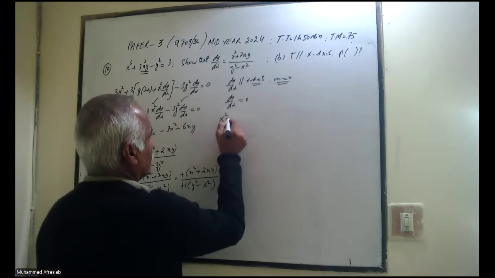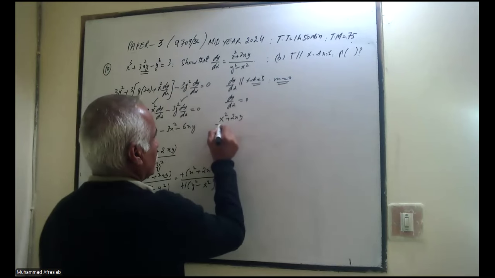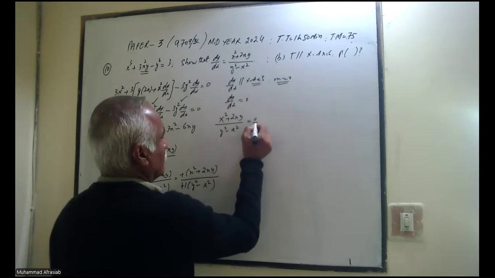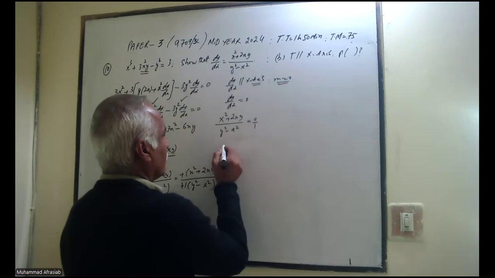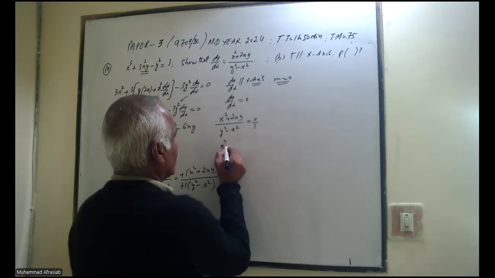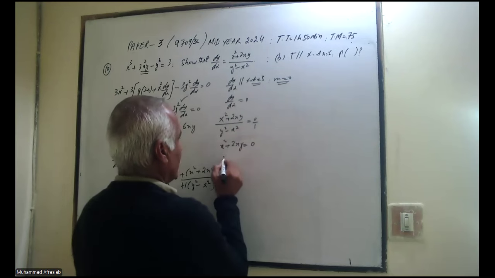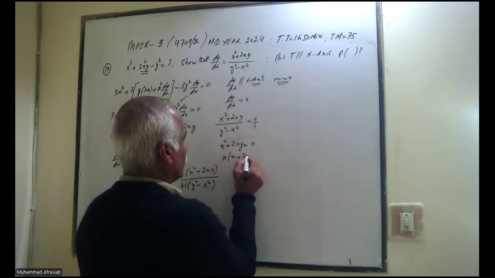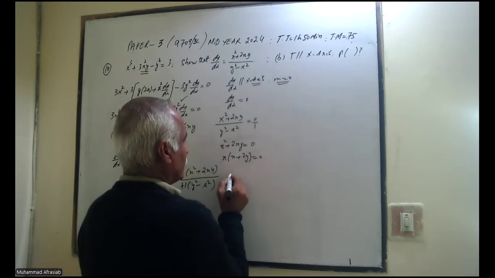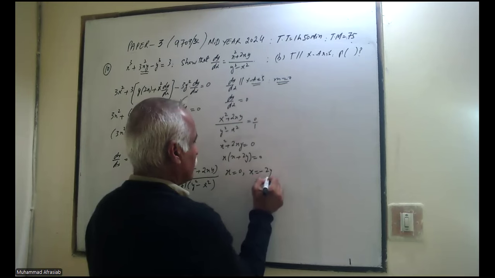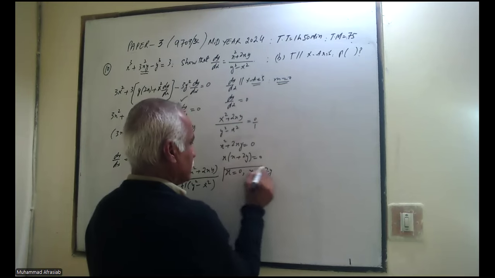So it will be x square plus 2xy over y square minus x square is equal to 0. After cross multiplying, x square plus 2xy is equal to 0. x is common, so it should be x times x plus 2y is equal to 0. So x is equal to 0 or x is equal to minus 2y.